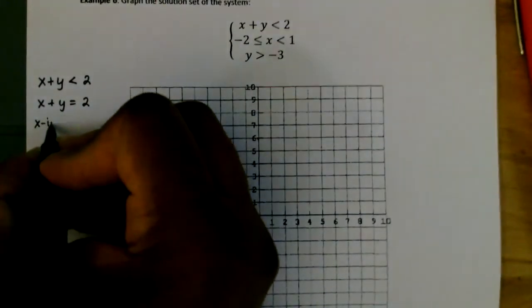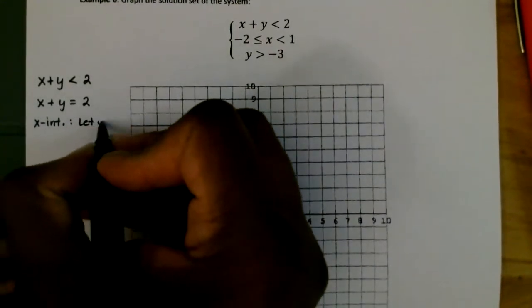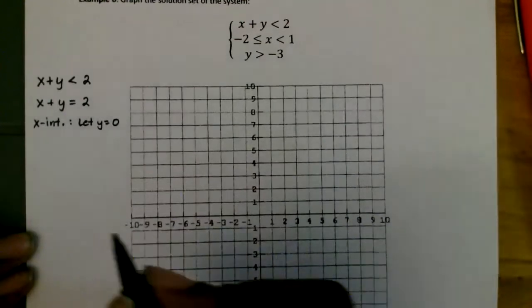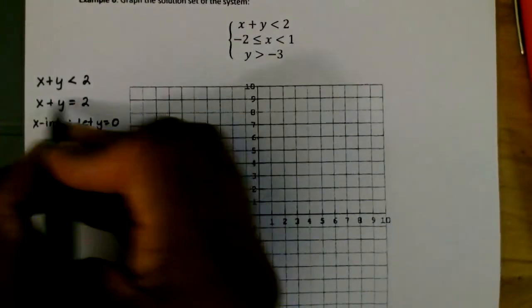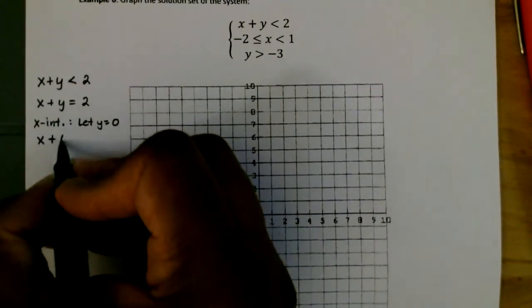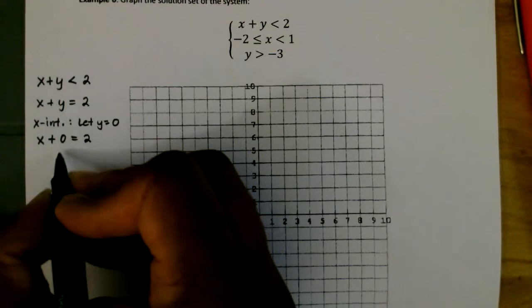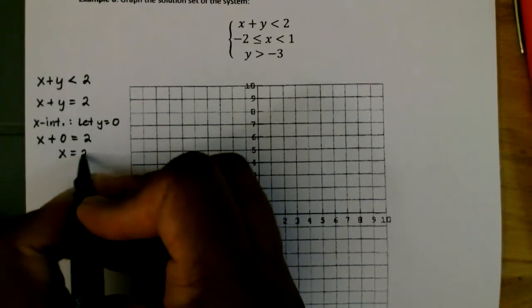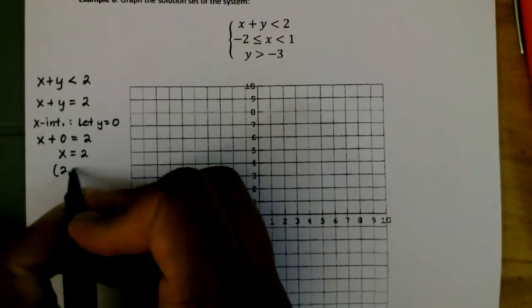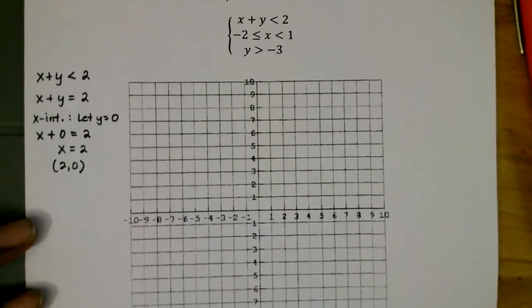So again, to find the x-intercept, I'm just abbreviating, we let y equal 0 and solve for x. So in this equation here, I'm going to bring down the x plus y will be replaced with 0, and that's equal to 2. x plus 0 is just x, so x is equal to 2. So the ordered pair for that x-intercept would be 2, 0.